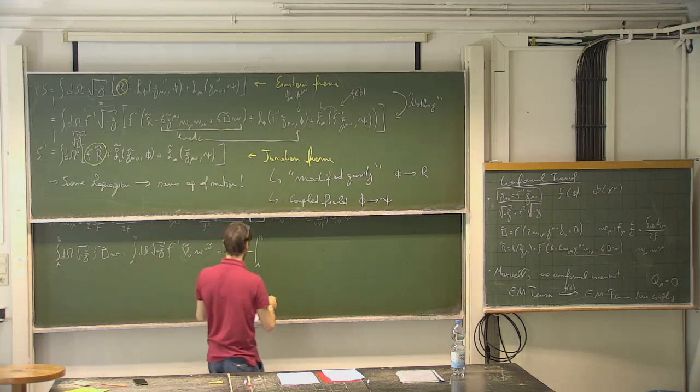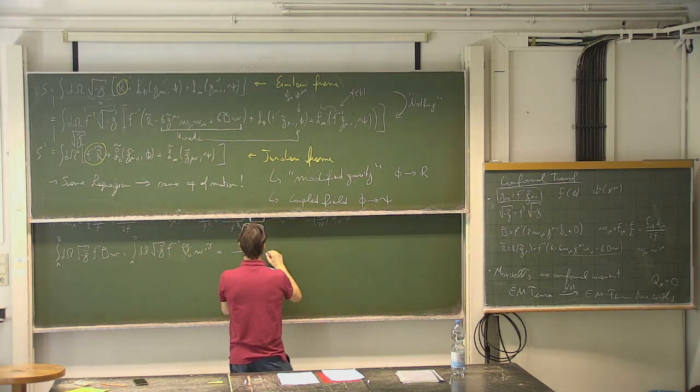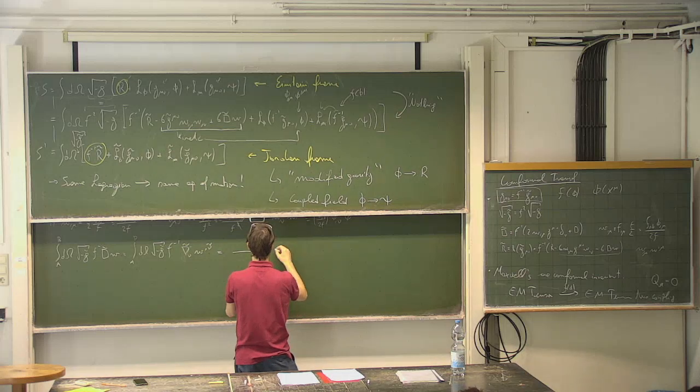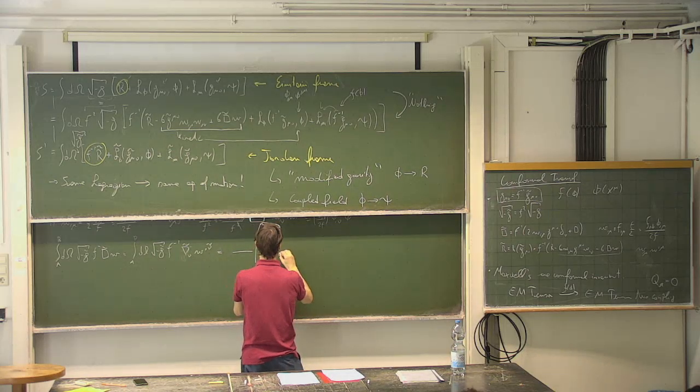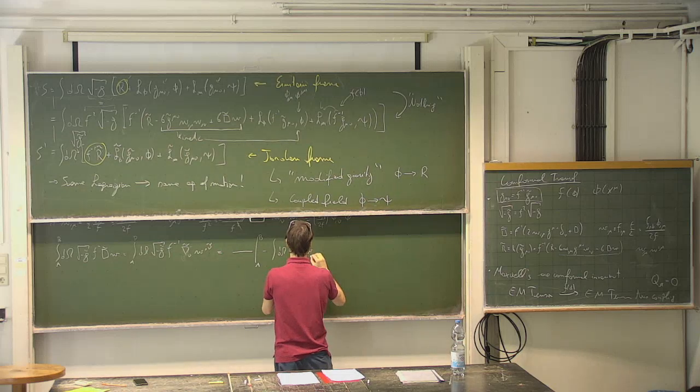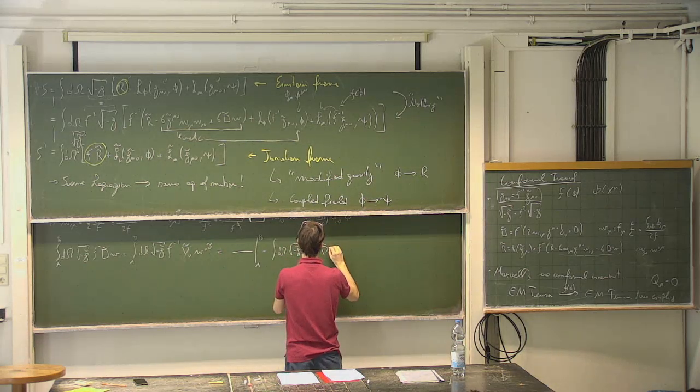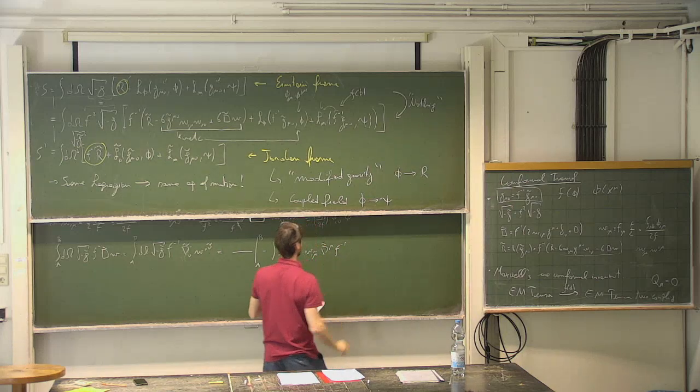Gone. Then what we have? Minus the integral of the rest: ∫d⁴x √(-g) w,μ tilde, the comma μ of f⁻¹.